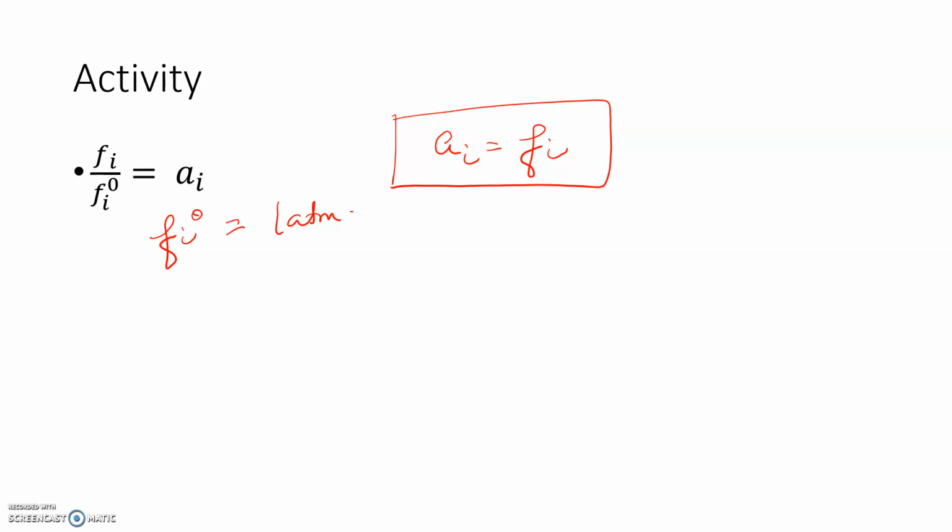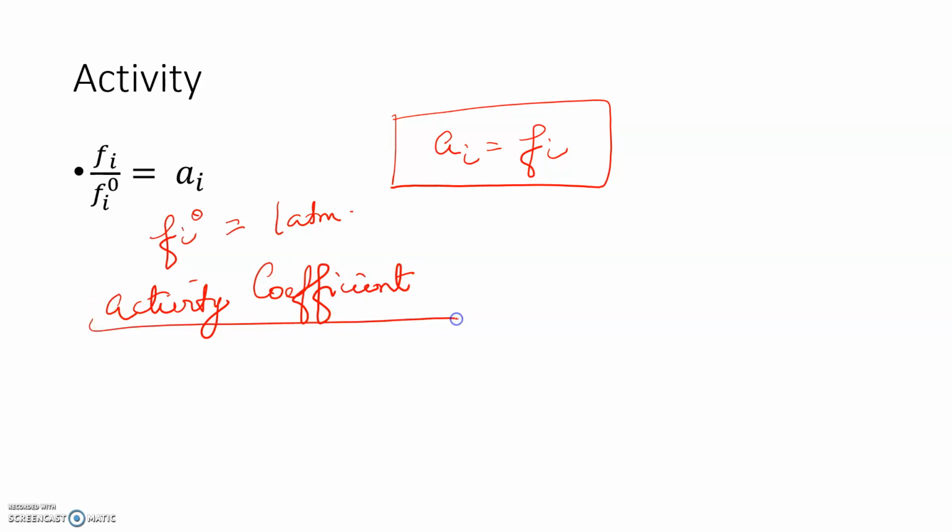Regarding activity, we have another term which is known as activity coefficient. This is because activity is very much related to concentration. Activity and fugacity are always considered in case of solutions, liquid solutions or solid solutions.